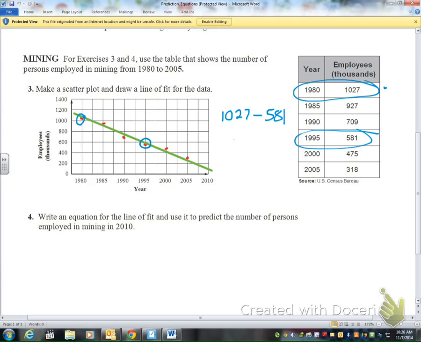That's this y value minus that one. The difference in my x values would be 1980 minus 1995.